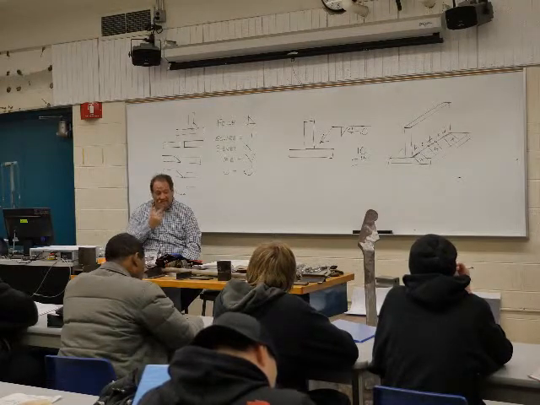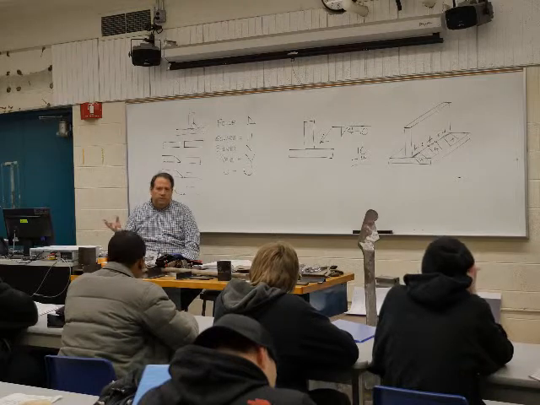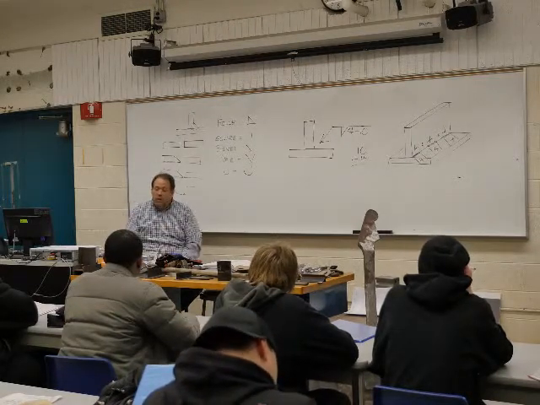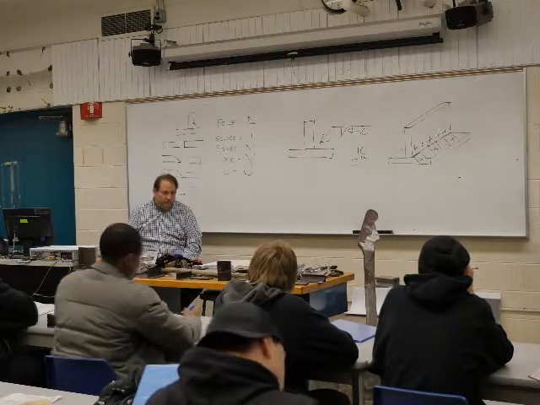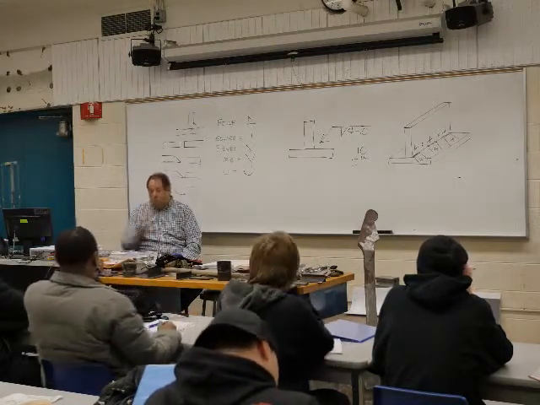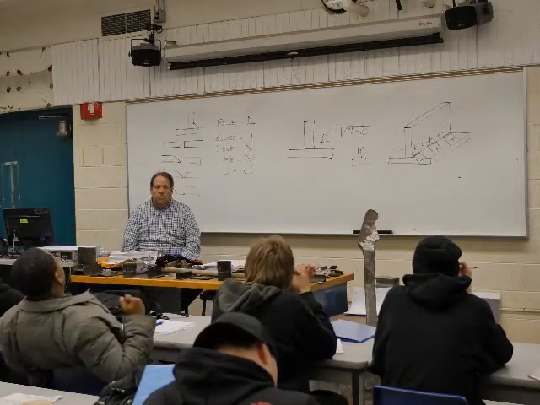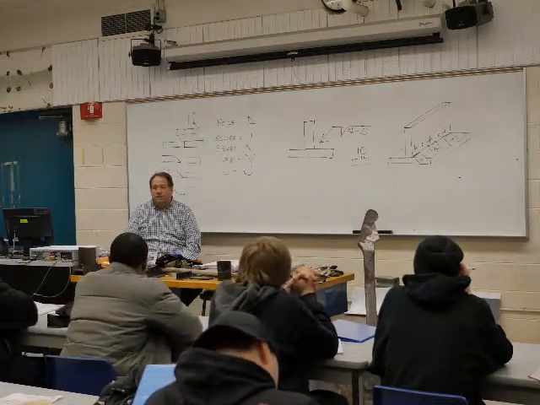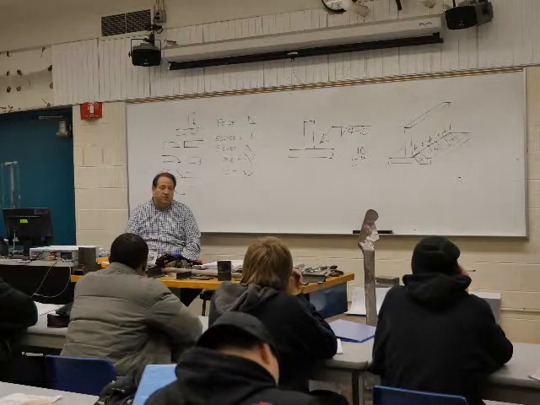But that's pretty simple stuff right there. I mean, really, this is kind of the gist of what we're dealing with here. Reading a print really is not that hard. You've got a lot of dimensional stuff. In terms of what we're going to be doing, the dimensions are pretty simple. You may be cutting a 2-inch by 6-inch piece of steel, and then you're going to cut another 2-inch by 6-inch piece of steel.